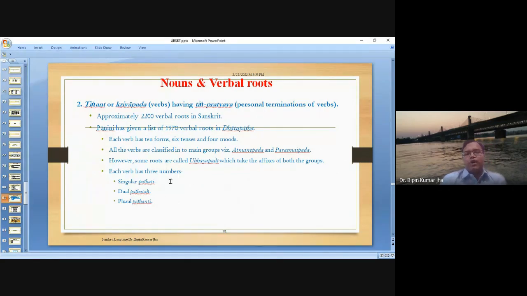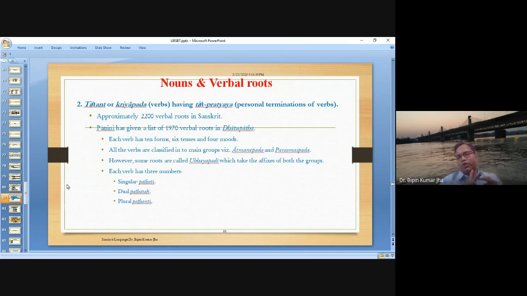Here also you find three numbers: singular, dual, and plural. When you are saying pathati, pathatah, pathanti, or sah pathati, tau pathatah, te pathanti, when you are using one subject, then you are using singular for the noun and also for the verb. That will be according to the subject only.